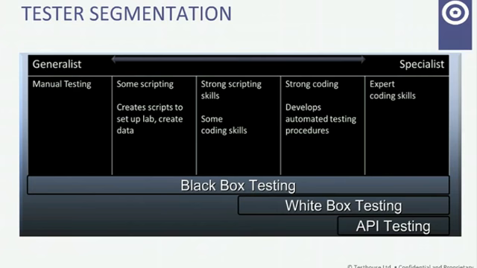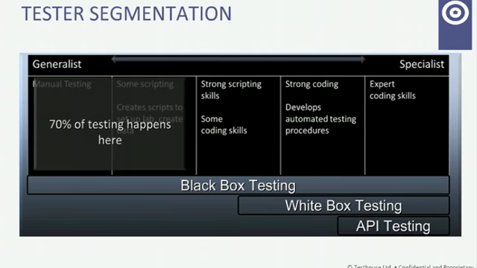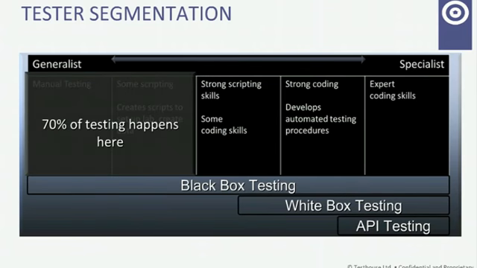So, why do we do manual testing? Well, you can see here there's a lot of different kinds of manual testing you can do, from the generalist to the specialist. 70% of the testing happens on this side, which is more of the manual side of things. That's the question most people want to know: does the software actually do what you want it to do?